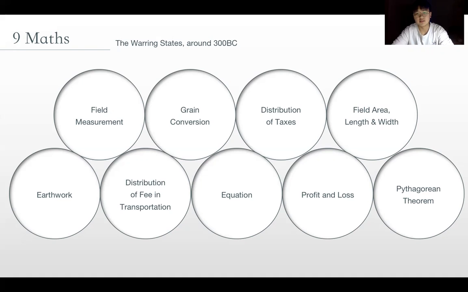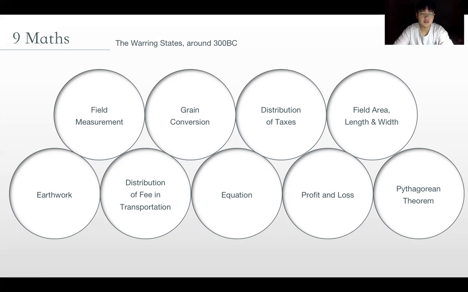The third one is distribution of taxes. So the government needs to get taxes from people. The fourth one is field area, length and width, which is very similar to the first one, but it focuses on the area, the length, and the width of the field much more than the first one.